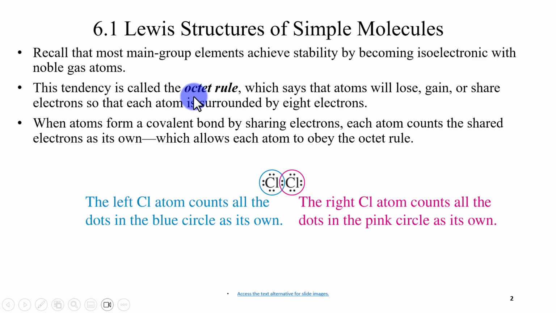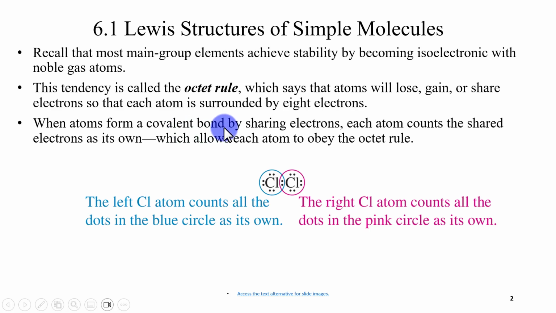Octa meaning 8. The octet rule then states that most atoms in the periodic table, at least the ones that we're going to deal with, will lose, gain, or share electrons so that they will have 8 electrons around them.